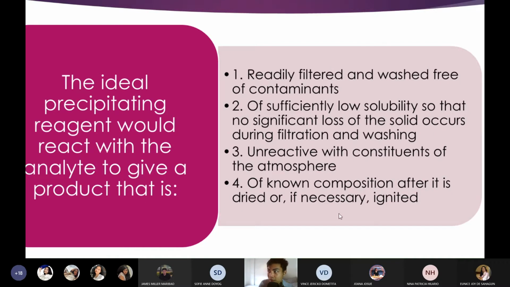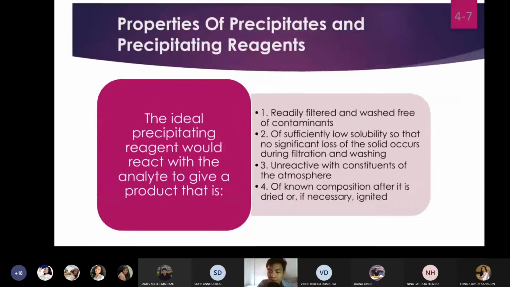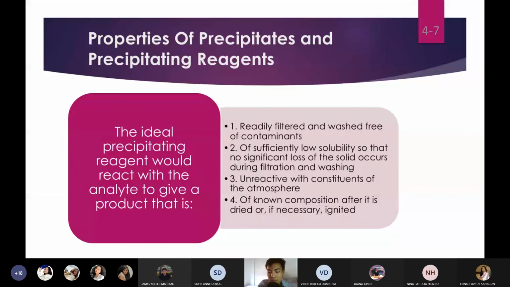And number four, it must be ignitable or dryable. Yung kaya siya i-ignite or i-dry without any other reaction. Baka kasi mamaya sumabog yan. May mga ganong cases. So, those are the four ideal characteristics of your precipitates.